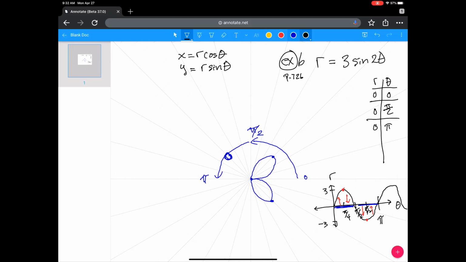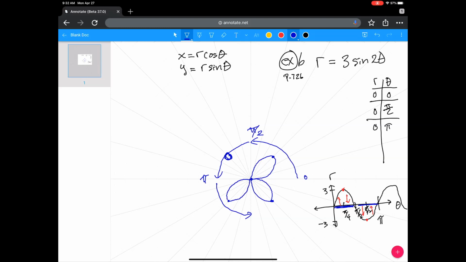So that means that in my polar graph, as I'm going from pi out to 3 pi over 2, which I just passed, I think, as I go from pi to 3 pi over 2, then I'm going to do the exact same thing I did in the first quadrant, where I have a positive r value again that goes out to 3 and back. So that means on the graph, when I'm in the middle, I would be at 3, and then I'm going to go out to 3, and then I'm going to go back.